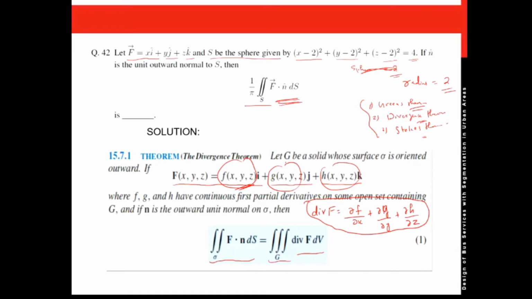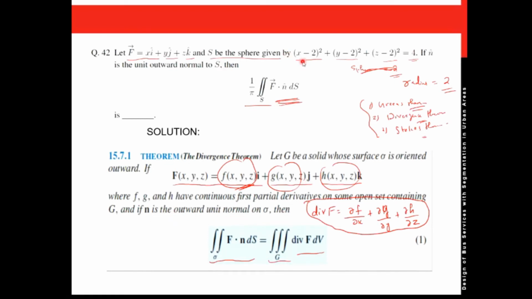And look at this, our condition is satisfied. Here G must be a solid whose surface is oriented outward, and n is the outward unit normal.